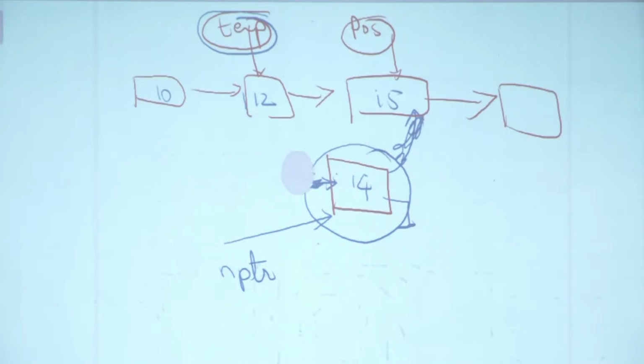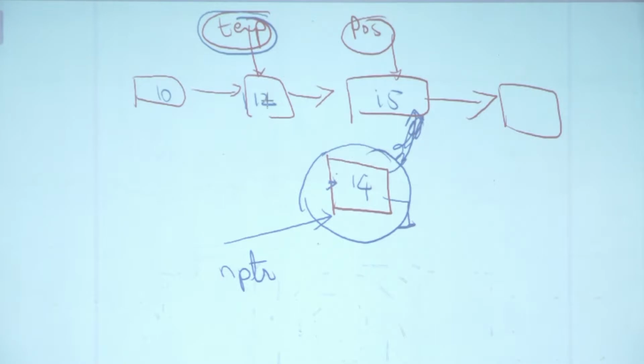So let me just rub this. So we are kind of here. And right now this is pointing here. So now what should we do? What should be the code that we should write? What should be nptr's next? After the modification, what is nptr's next going to be?